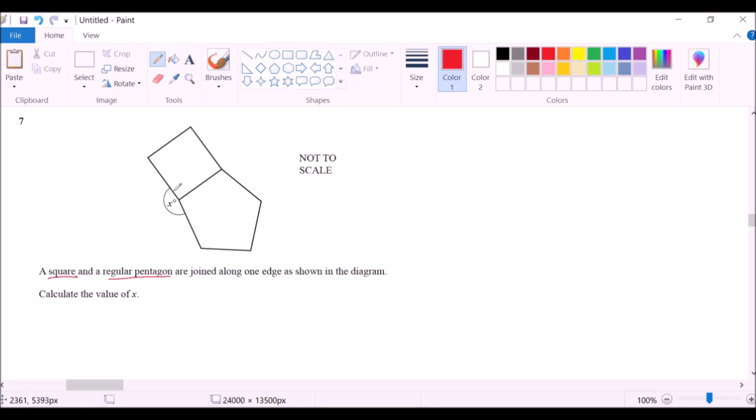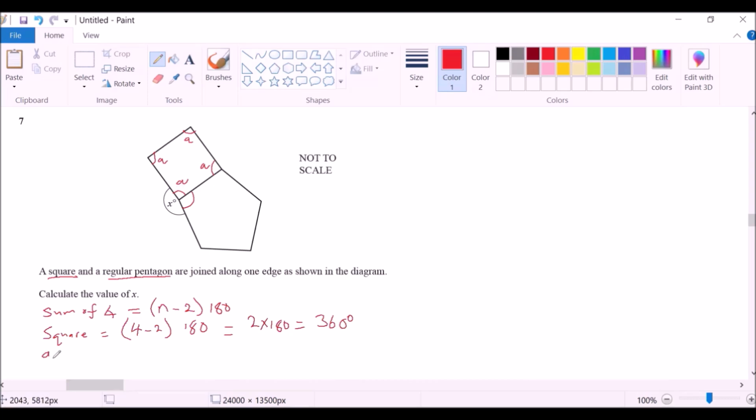From this, we can calculate this angle and that angle. The sum of angles in a polygon is equal to the number of sides minus 2 times 180. So for the square, which has 4 sides, we have 4 minus 2 times 180 as the sum of interior angles, which is 2 times 180, which is equal to 360 degrees.